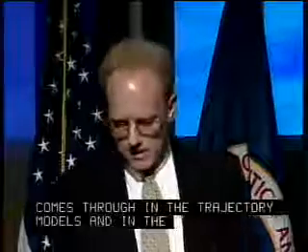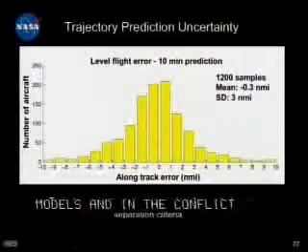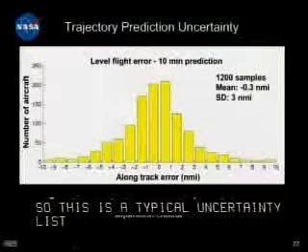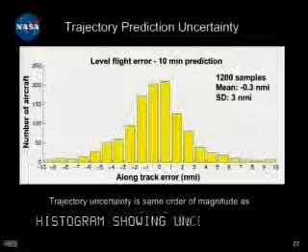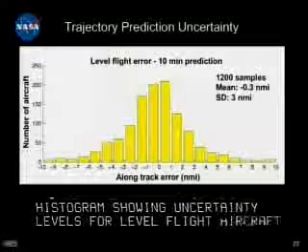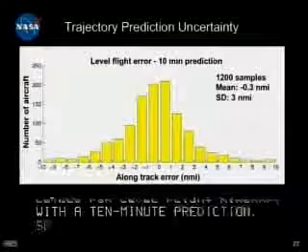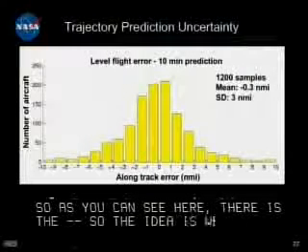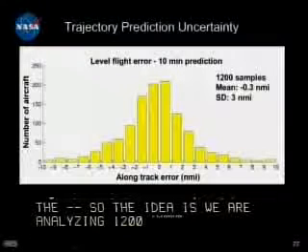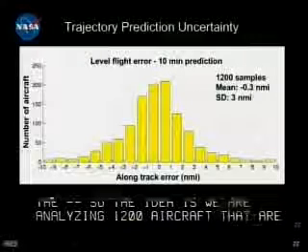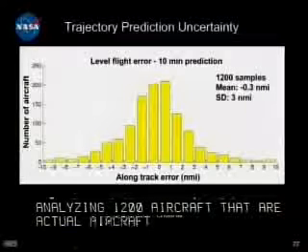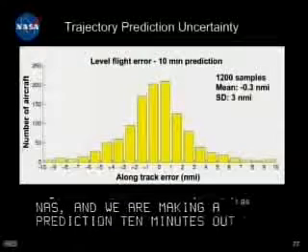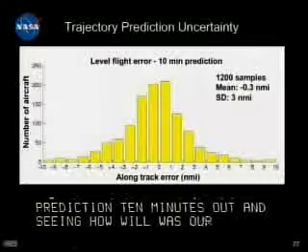So this is a typical uncertainty histogram showing uncertainty level for level flight aircraft with a 10-minute prediction. The idea is that we're analyzing 1,200 aircraft that are actual aircraft flying in the NAS, and we're making a prediction 10 minutes out, and then seeing how well our prediction did. You can see that the mean error is near zero, 0.3 of a mile.